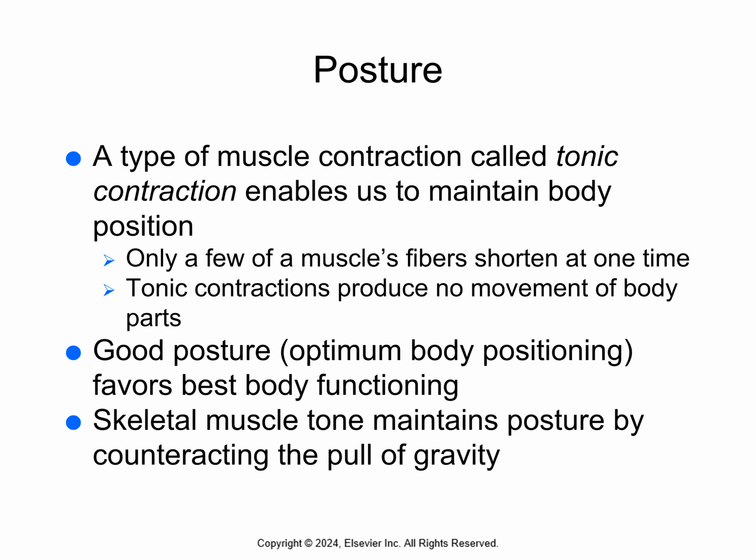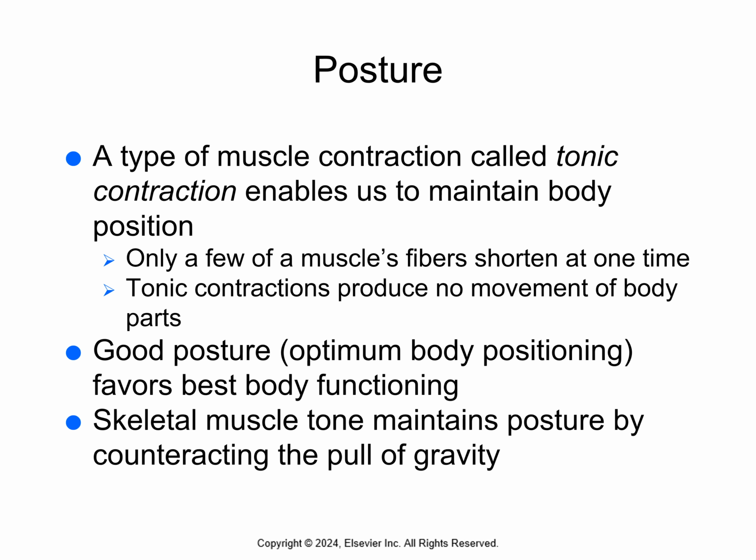So our posture is going to take a muscle contraction. If you have good posture, muscles are contracted. For posture, one of the contractions we're going to talk about is a tonic contraction. Tonic means tone, right? It enables us to maintain our body position. These kinds of contractions don't produce body movements, but they help you sit upright and maintain a position.